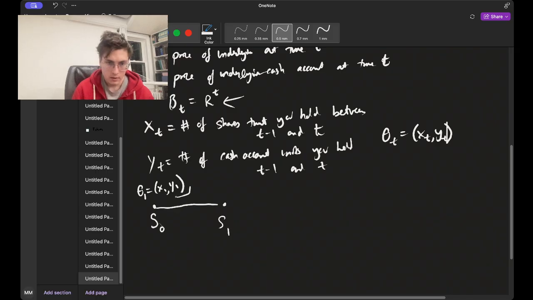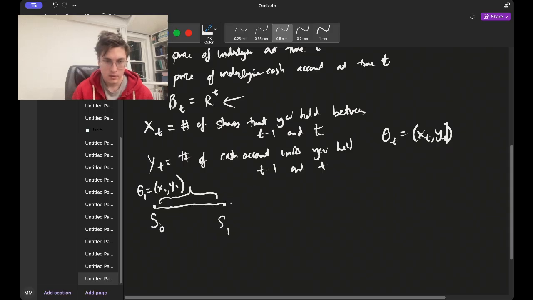And so in this entire time, we keep holding. We've made a decision at t equals 0, and we stick to it for the entire period, because that's our only choice in this binomial period model. We've chosen x1, y1, and we hold this until S1.